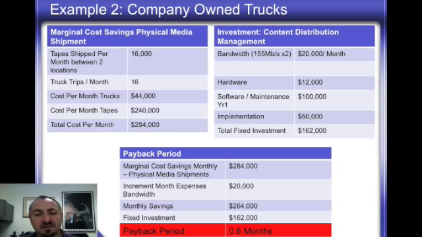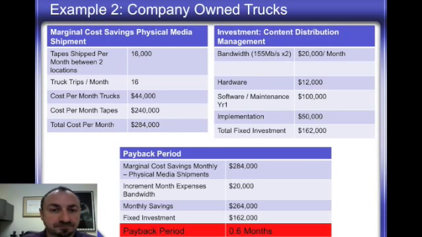So in 0.6 months, or about 15, 16, 17, 18 days, they're going to pay back that investment. So they went from giving that money to shipping companies, to using their own trucks, to having their own file-based content distribution management solution, and essentially paying that off in less than a month.